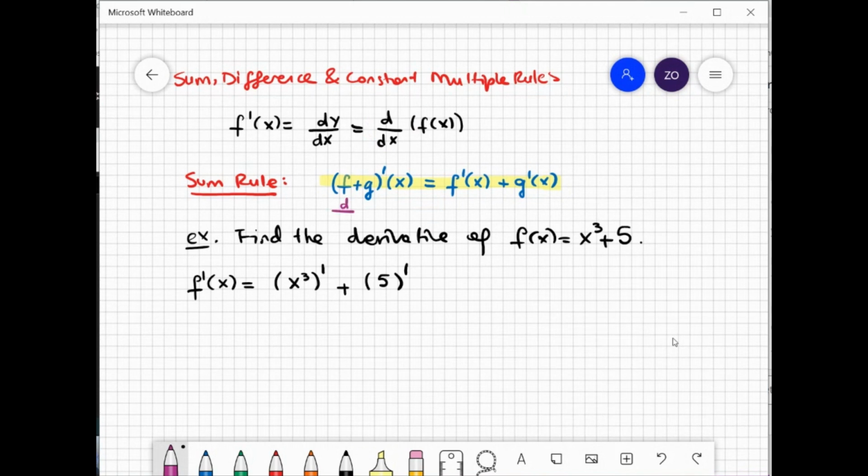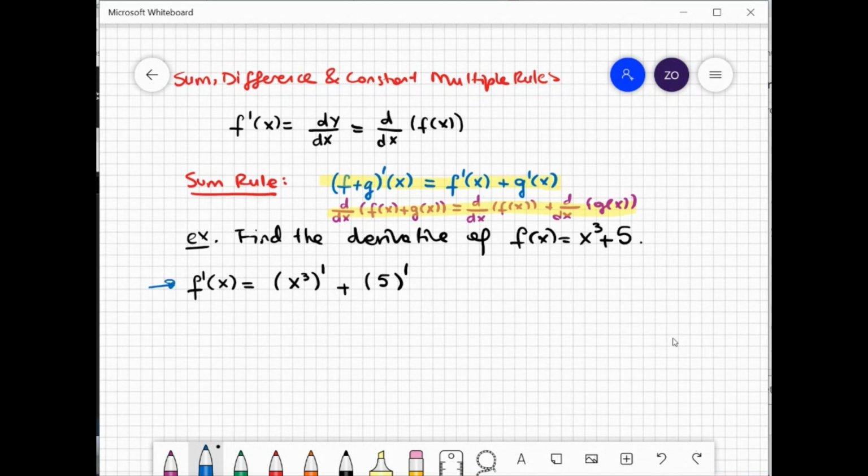So we can say d over dx of f of x plus g of x, the derivative of this function equals derivative of the f function plus derivative of the g function. Okay, so these are the two same statements written in different notations.